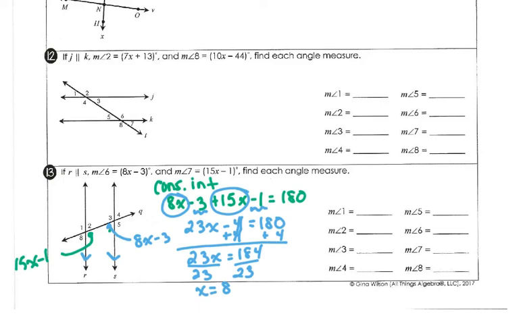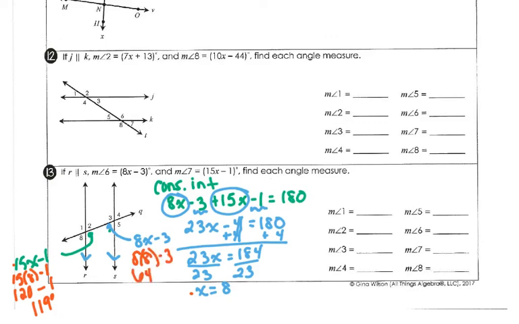So what I'm going to do first is figure out what angle 6 and angle 7 are. And to do that, I'm just going to plug in my value of x into both of those expressions. So 15 times 8 minus 1. Well, that gives me 120 minus 1, which is 119 degrees. And then doing the same thing here, this becomes 8 times 8 minus 3.